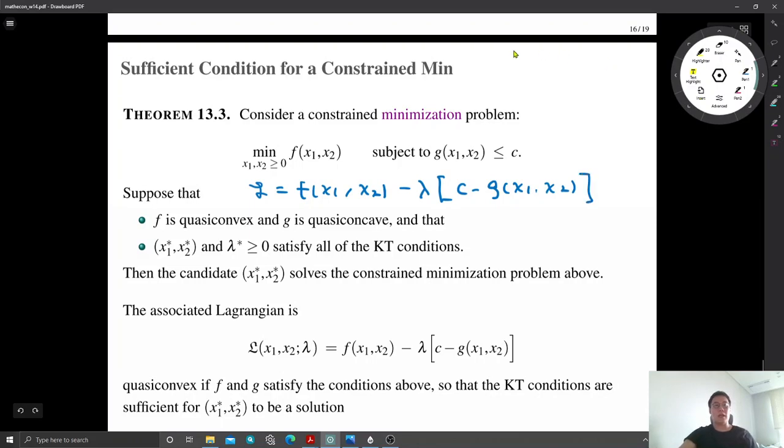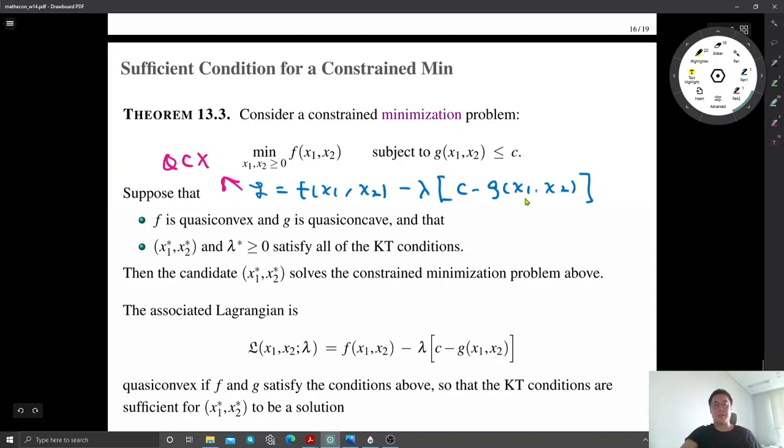In a minimization problem, if the Lagrangian, this whole expression, is globally quasi-convex, then the candidate obtained from the Kuhn-Tucker condition is going to be the solution to this minimization problem.